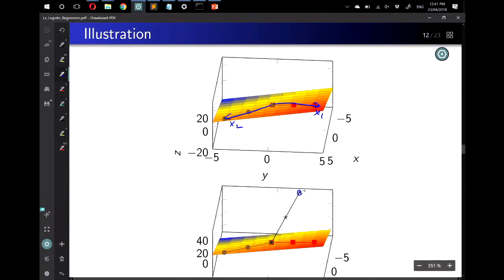So for example, this is Y, and this space is spanned by X times W. Now we are trying to find a vector in this hyperplane which has the smallest L2 norm to Y. And the L2 norm from the geometrical interpretation is nothing but the Euclidean distance, right?